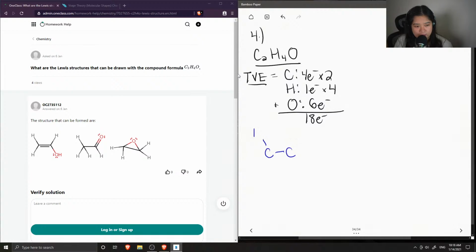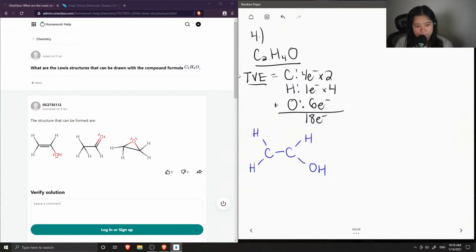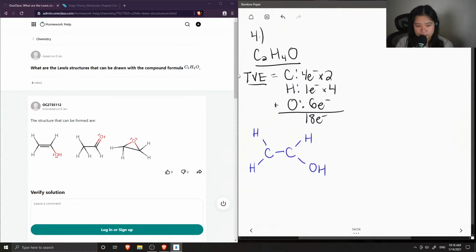So let me show how if we were to draw our 3 hydrogens and an oxygen, then both of the carbons don't have a full octet, as they both only have 3 bonds attached to them.